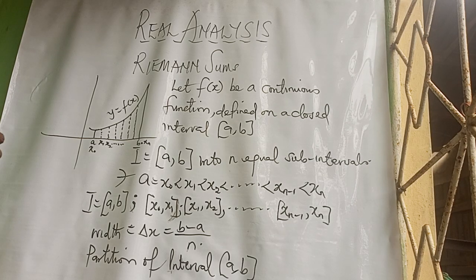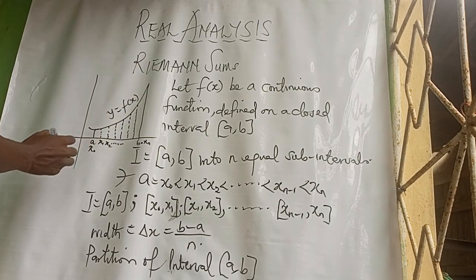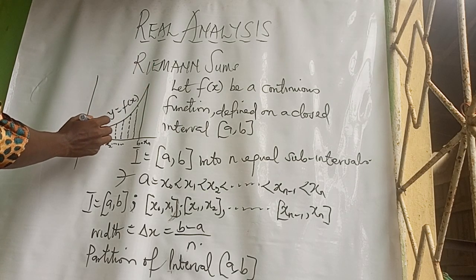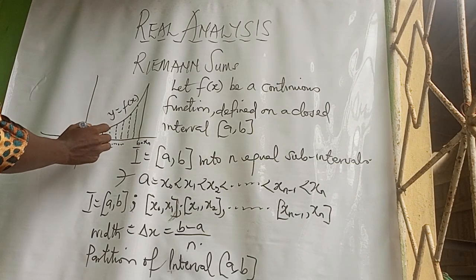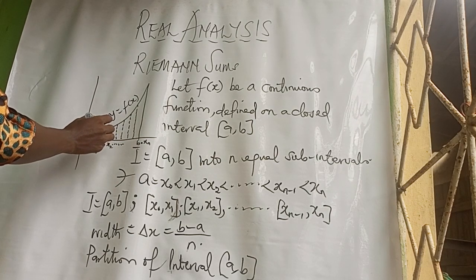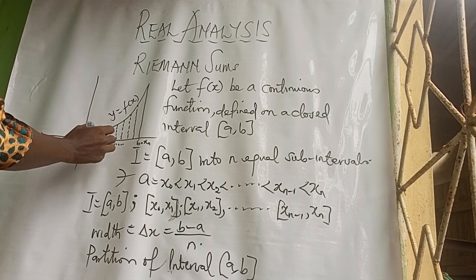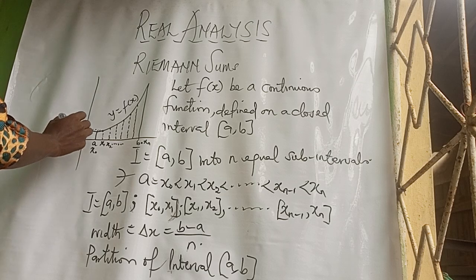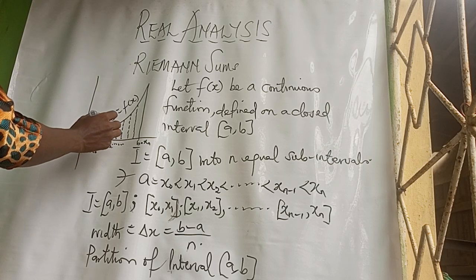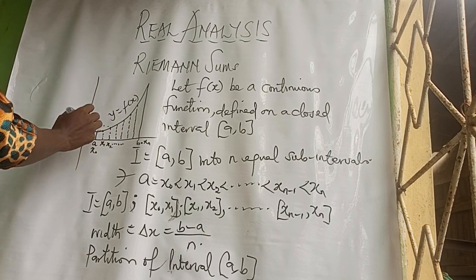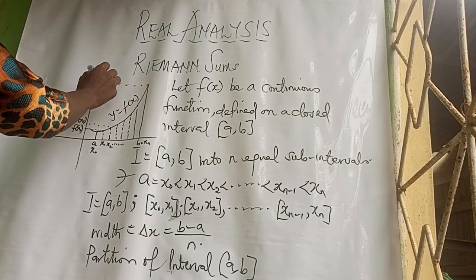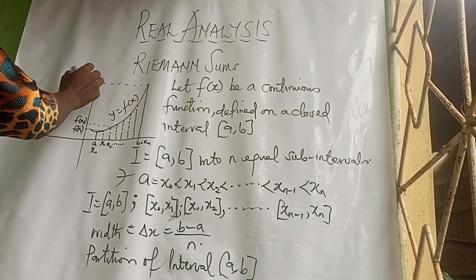Now, remember that our curve is f of x. At x1, I have a value f of x1. At x2, we have f of x2. Down to xn, then we will have f of xn.